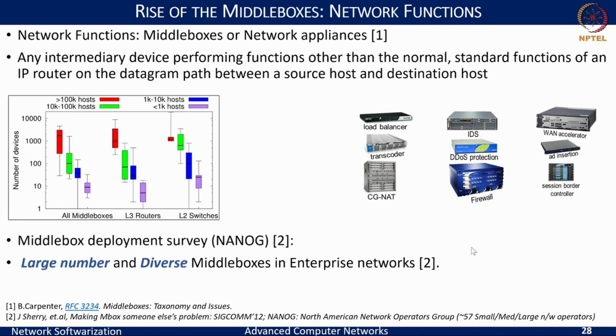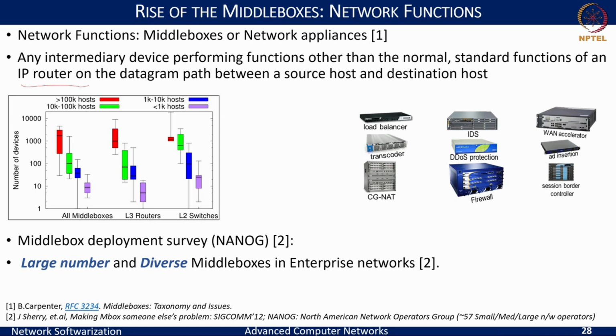A survey was conducted by a team at UC Berkeley around 2012 on the deployment of middle boxes in the North American Network Operators Group, which consisted of around 57 network operators. The graph I'm showing here presents the results of what they observed. To quickly summarize the plot, they compared different network operators and categorized them, in terms of the number of hosts, into large, small, and medium-sized networks.